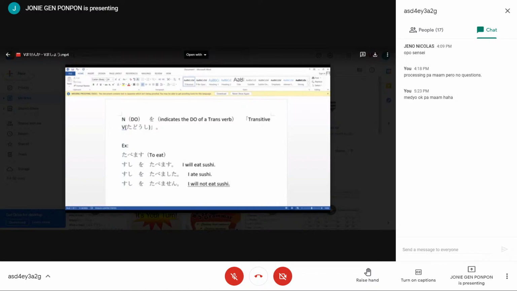Present, future, negative tense. Then sushi o tabemasen deshita. I did not eat sushi. So yan yung apat na tenses you can use. That is the example of a transitive verb that has a direct object. The particle after the direct object should be o.